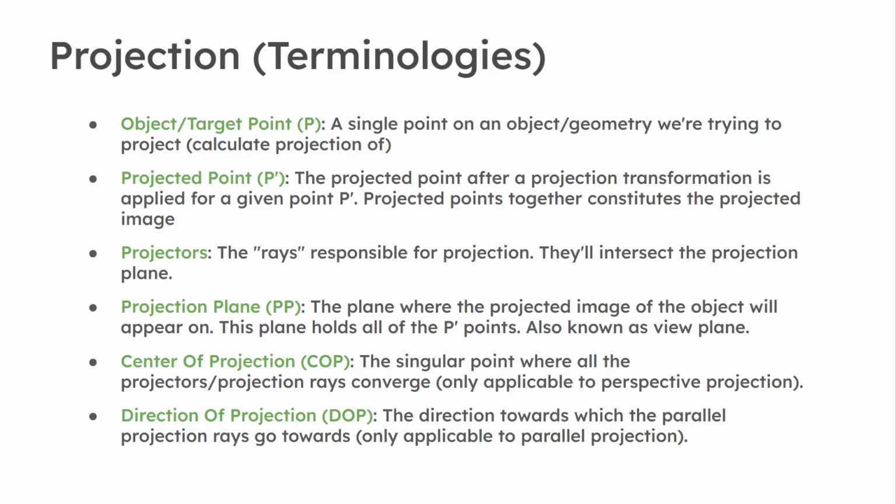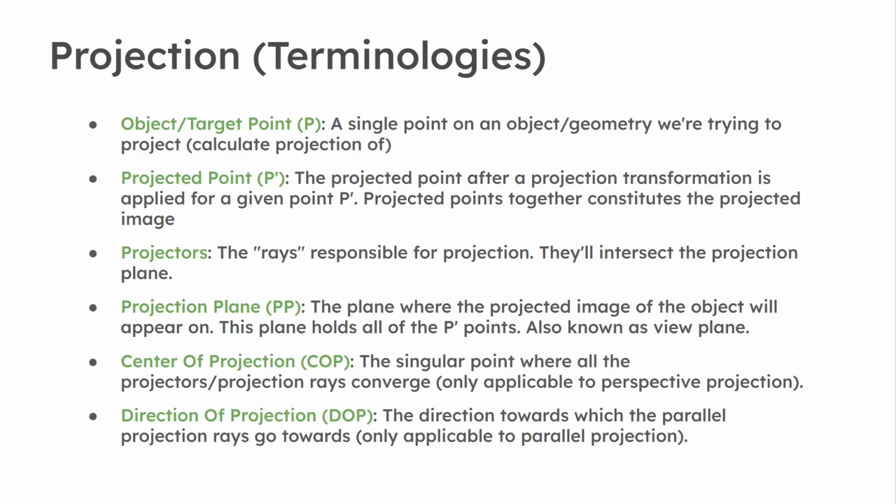The process of projection basically emulates light rays. The rays responsible for projection are called projectors. They emerge from the object and go towards the viewer. In some cases, we also consider that the projector rays go from the viewer to the object, but both cases are totally valid. Now there will be an imaginary plane called the projection plane, which the projectors will intersect on their way.